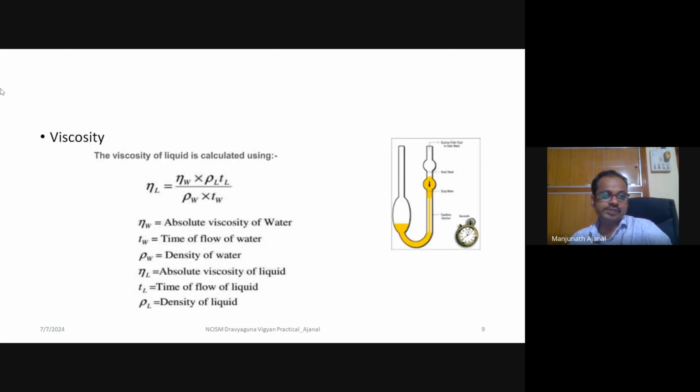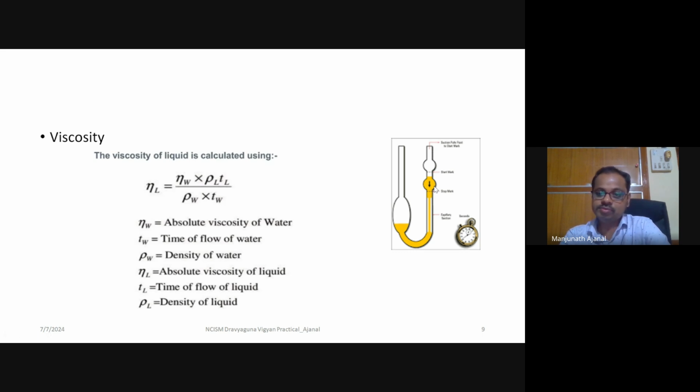So this is the viscosity assessment. As I told, the required material is the Ostwald viscometer. For this experiment, you need to assess the Swarasa. First, you need to assess the specific gravity of the Swarasa and the time of flow from mark A to B. In the viscometer, I think everyone has seen the Ostwald viscometer.